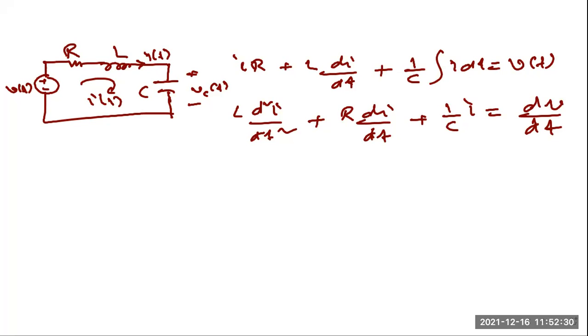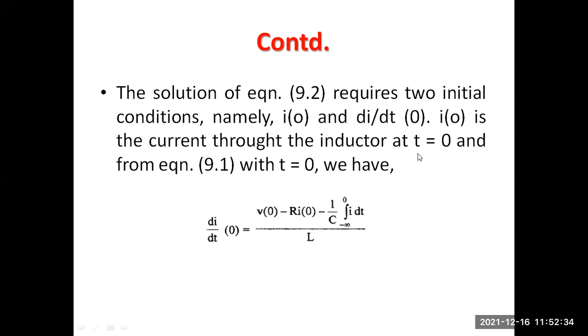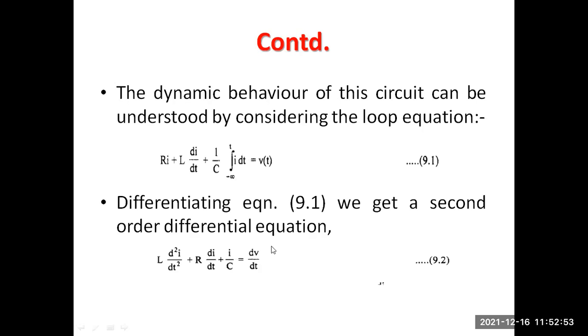Now the solution of this equation requires two initial conditions, namely i(0), the initial current, and di/dt at t equal to 0. i(0) is the current through the inductor at t equal to 0, and from equation 9.1 we need to calculate di/dt at 0.